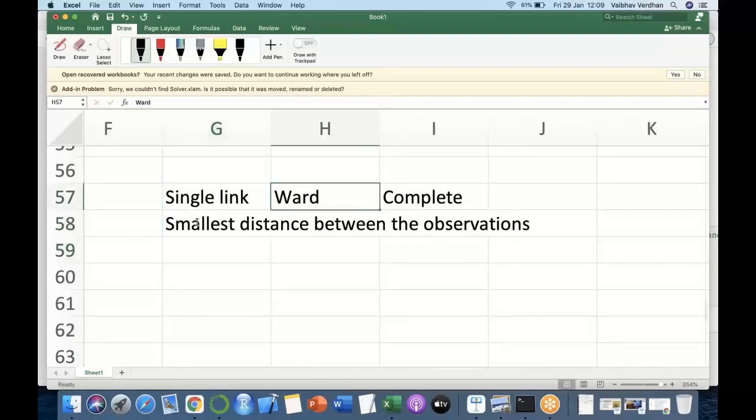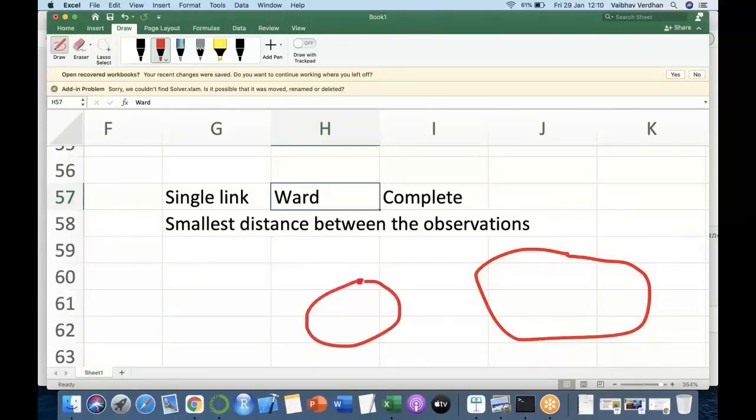In the case of single linkage. Okay, what it means is that if this is your data set, 2 clusters, right, and this is one variable, this is one observation, you would measure the smallest distance between them.